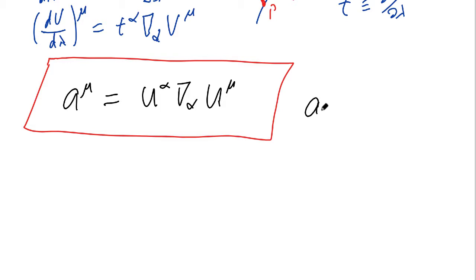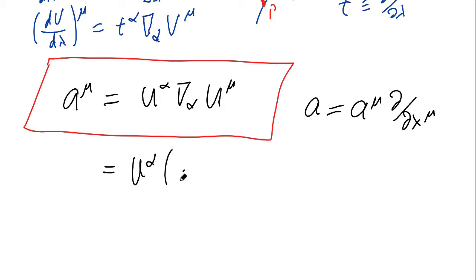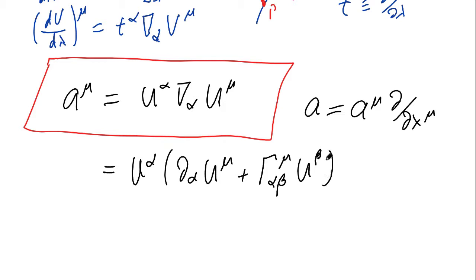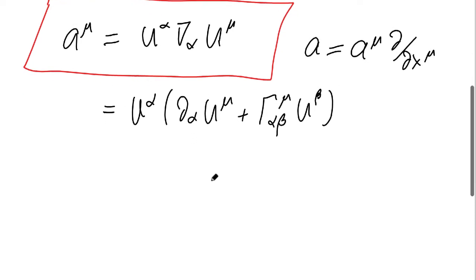And of course the acceleration vector itself is the derivative operator a^μ ∂/∂x^μ. Let's expand the components of the acceleration in terms of ordinary derivatives and Christoffel symbols. This is u^α ∂_α u^μ plus Γ^μ_αβ u^α u^β. But remember, u^α, the components of the four velocity, is just ∂x^α/∂τ.